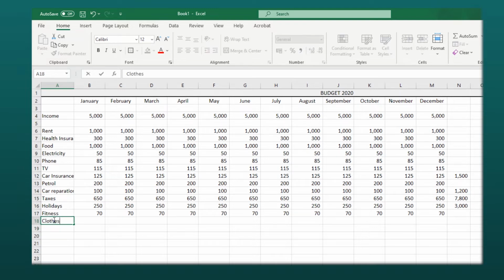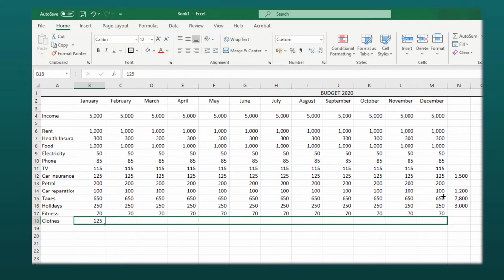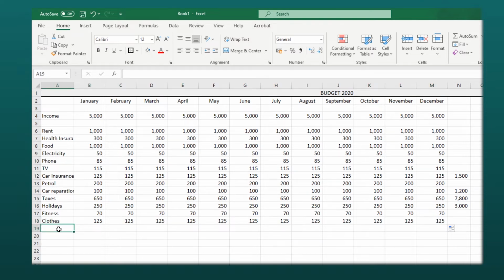You can also think about clothes. You want to buy some clothes. So this also you have to assess how many times you buy, when more or less you buy, and how much is the total cost of the clothes.